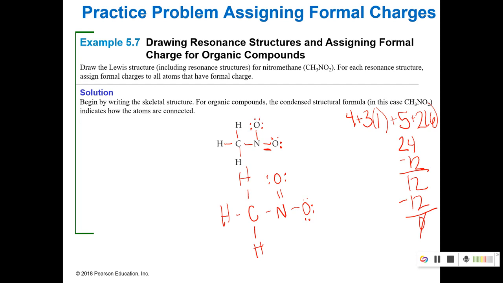So carbons and hydrogens are normally going to be 0. The only ones here that are going to have a formal charge are either nitrogen or oxygen. So this oxygen's negative 1, 0, plus. This one is 0, negative 1, plus 1.